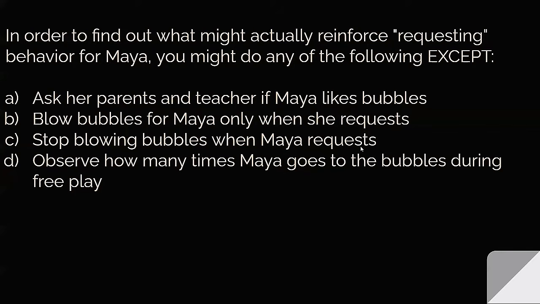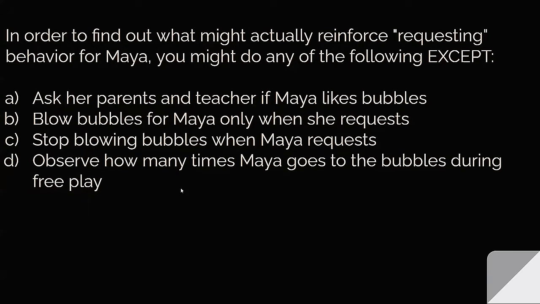Or what I meant by this, and it doesn't matter what I meant, here it is, so we have to read it: stop blowing bubbles when she requests more bubbles, then I might see an extinction burst. Might see her reaction, and if I did, I'd say, maybe she actually wants bubbles. So C still gives us some information that's direct rather than just asking her parents, which is why C is still better to do than A.